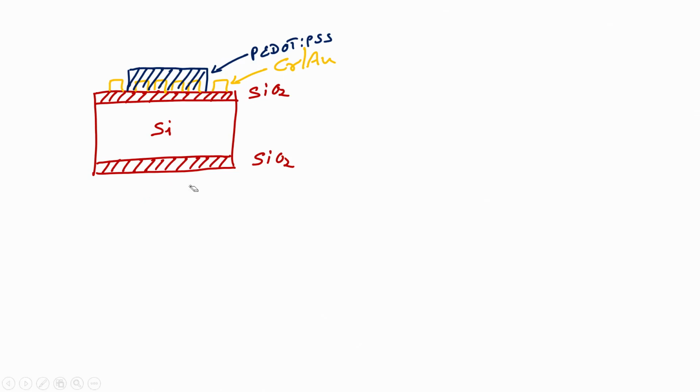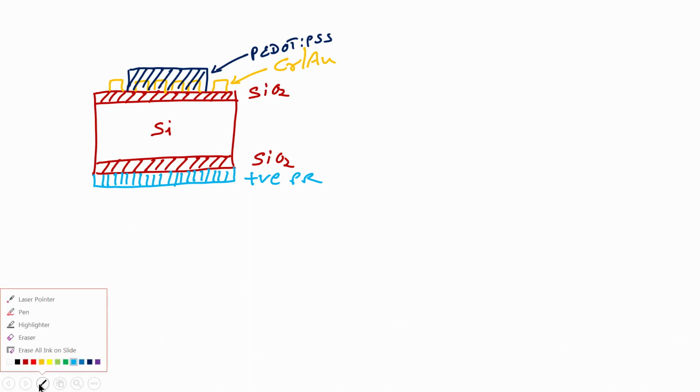We will spin coat photoresist, we will spin coat positive photoresist, right. Then we will perform soft bake process step.